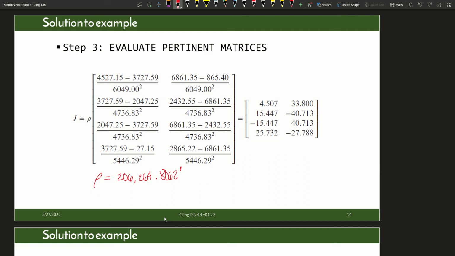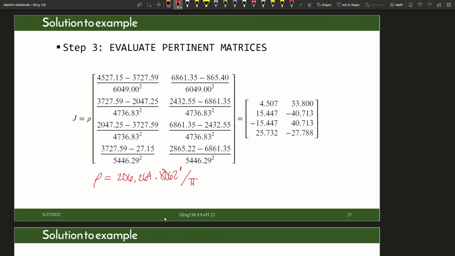So it's 206,264.8062 seconds. Okay. So yeah, that's it. So from this, we have your J matrix here.